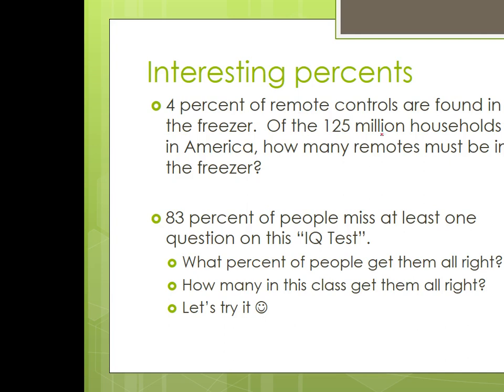Of the 125 million households in America, how many remotes must be in the freezer? Well, 4% of 125. So this is my R, of, that's my B. So I must be solving for the portion. So I've got 0.04 because 4%, move the decimal over twice. And then the B is 125 million. Now, if you want to write that as 125,000,000, you can.